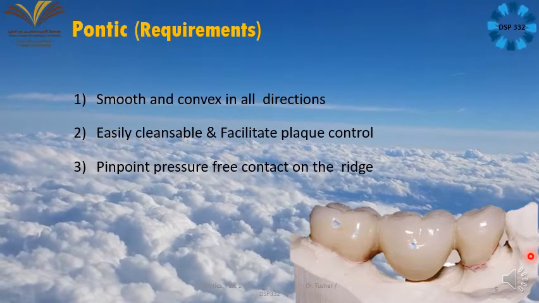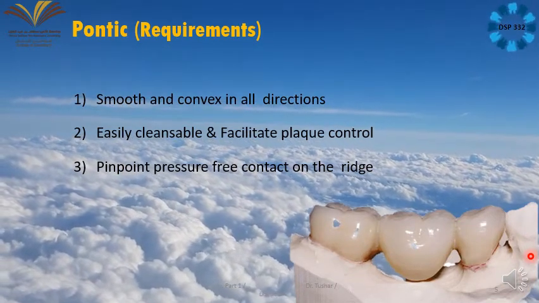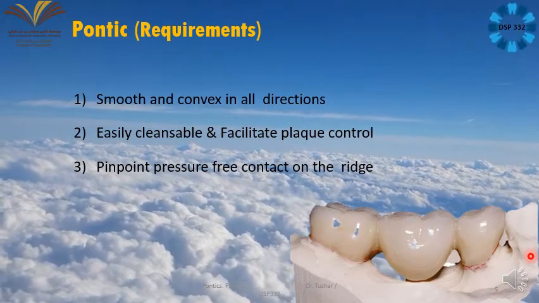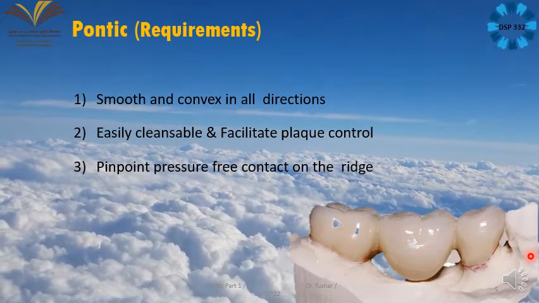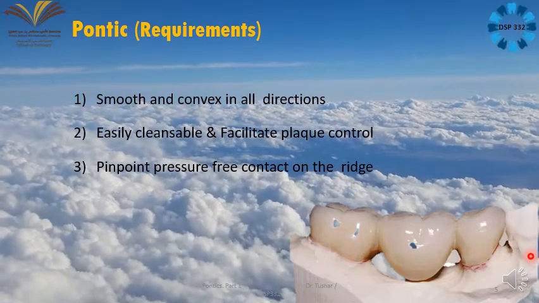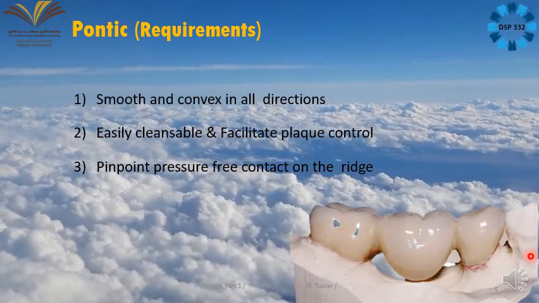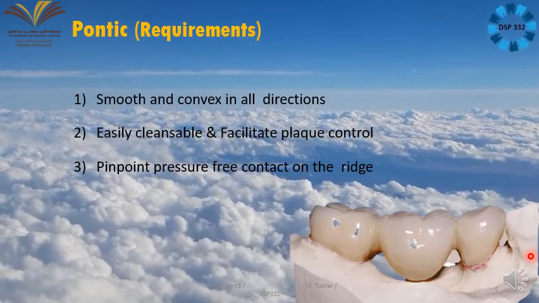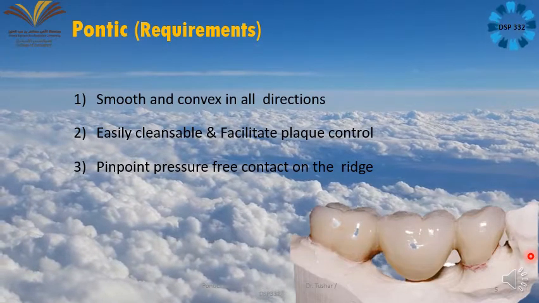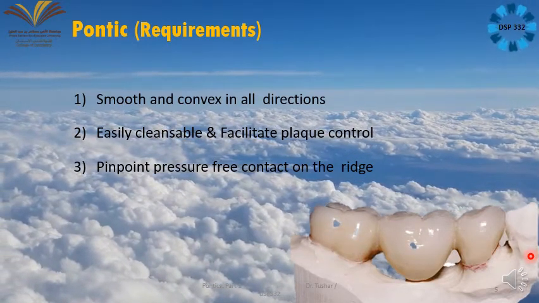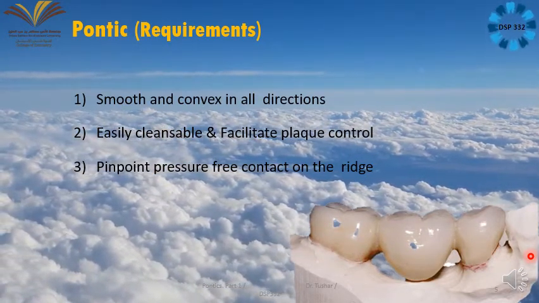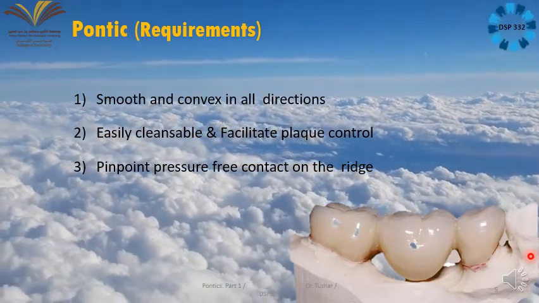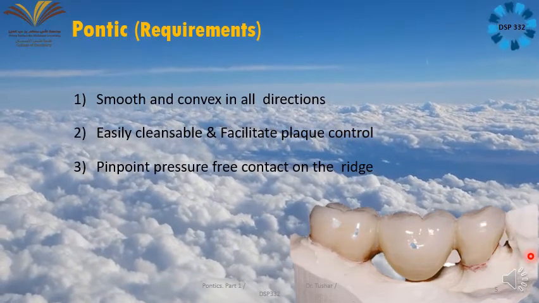When this Pontic comes in contact with your edentulous area, with your soft tissues, it should not apply pressure, because this Pontic is a member of your FPD. So this FPD, when you fix it on an abutment tooth, is permanent. Your patient cannot remove it like removable partial dentures. A removable partial denture your patient removes before he goes to bed. These fixed partial dentures, we don't do that.